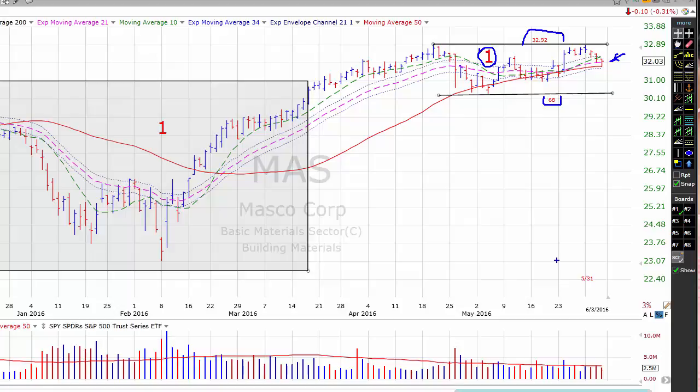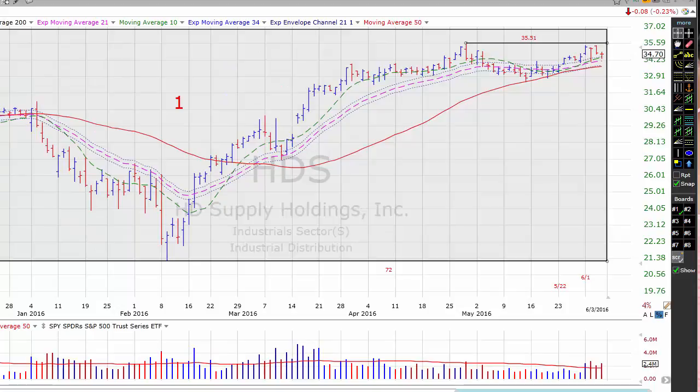Next I want to take a look at HD Supply. HD Supply Holdings distributes products for the maintenance and repair infrastructure and power and specialty construction markets. The stock has been working on this long-term first stage base with a pivot point in the 3681 area. But notice how we may be putting in a flat base here.